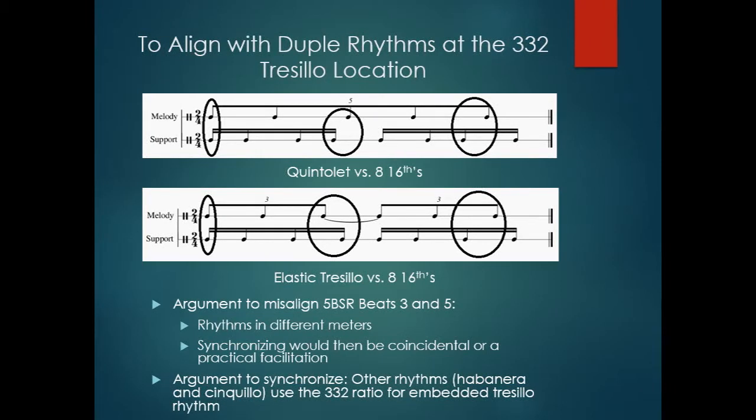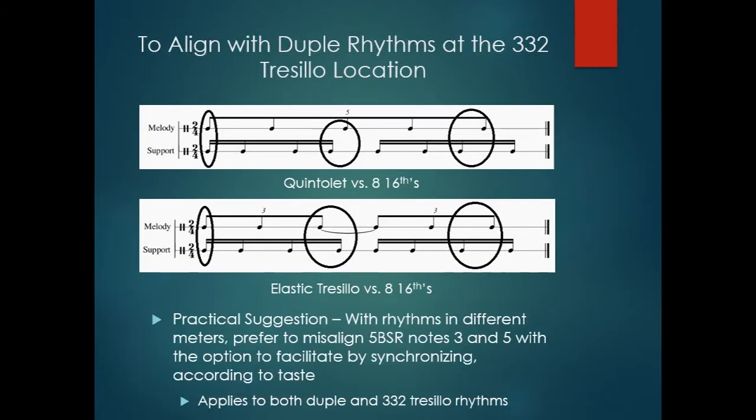But on the other side, you could say to synchronize these notes because of the 3-3-2 tresillo, which is used in the habanera and the Senkio. So I see it either way, but as a practical suggestion, I would prefer to misalign triple against duple, and say that the third and fifth notes can misalign.